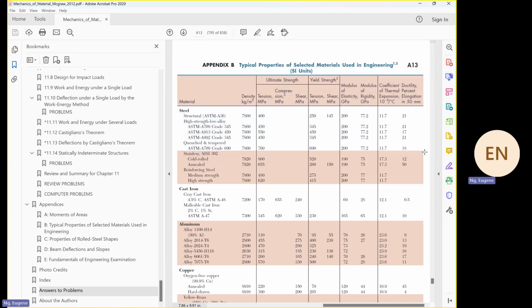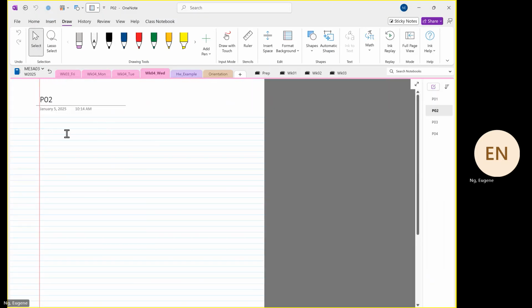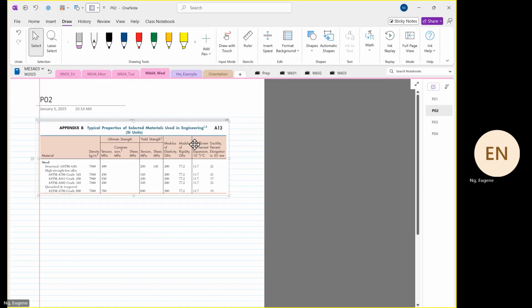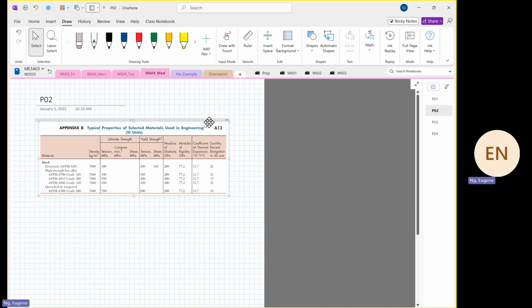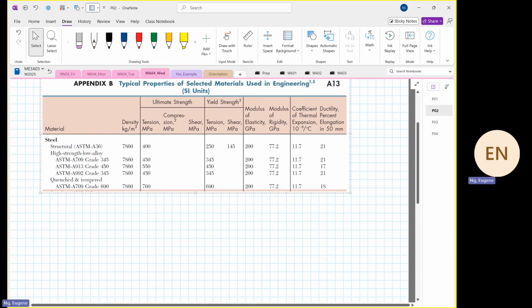We're going to look at this, and I'm going to show you progressively what is going on. So you see a material handbook, and let's focus on yield strength for now.